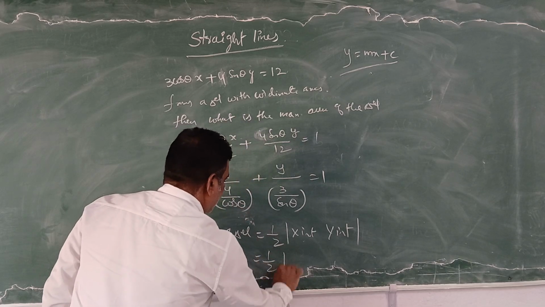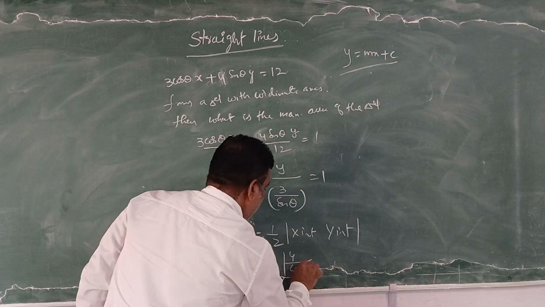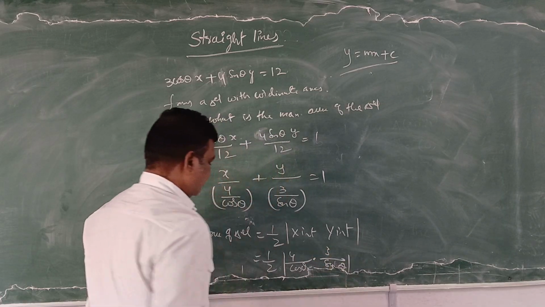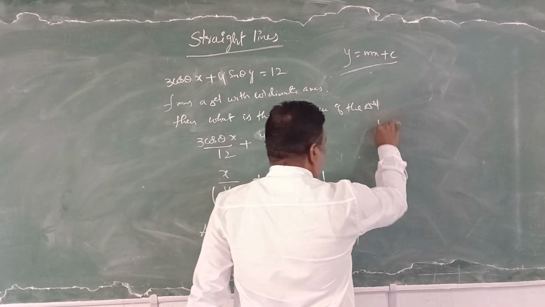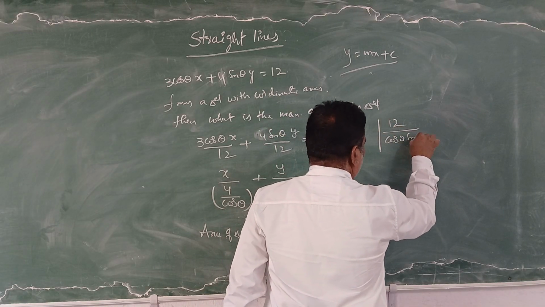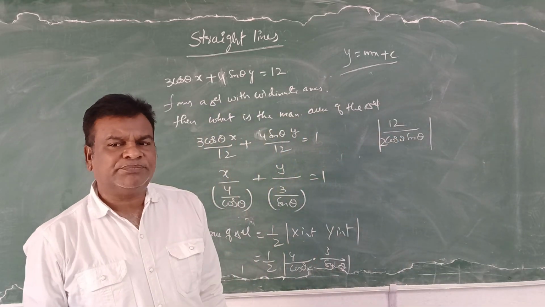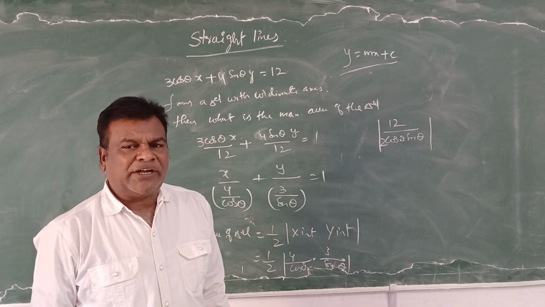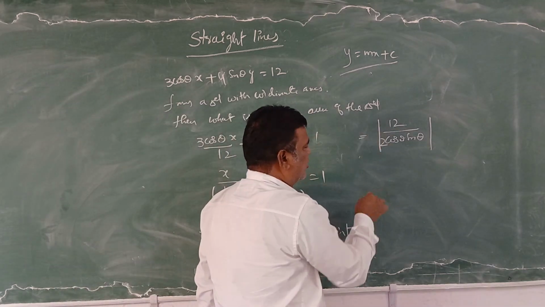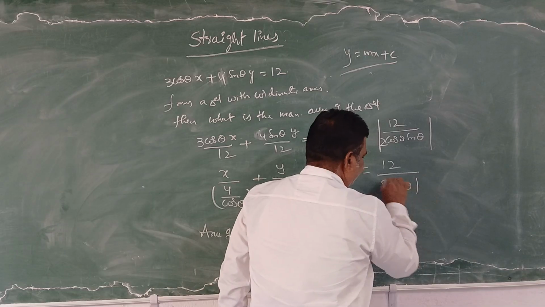So half of 4 by cos theta into 3 by sin theta. This will be modulus of 12 by (2 sin theta cos theta), which is 12 by sin 2 theta.